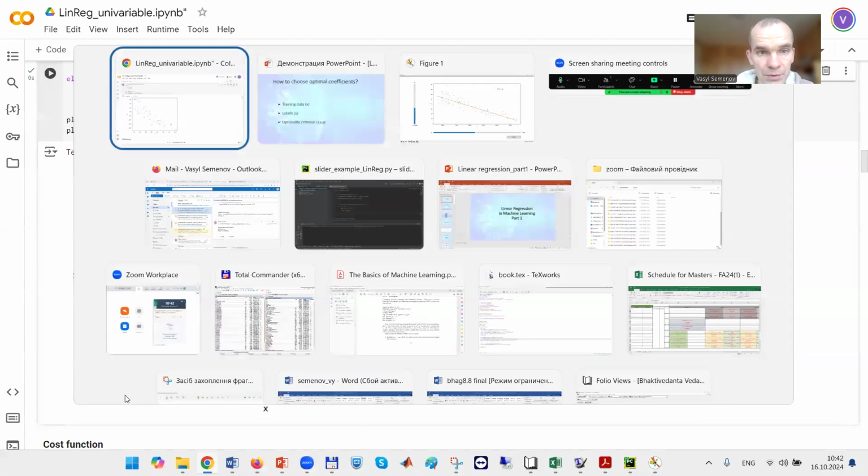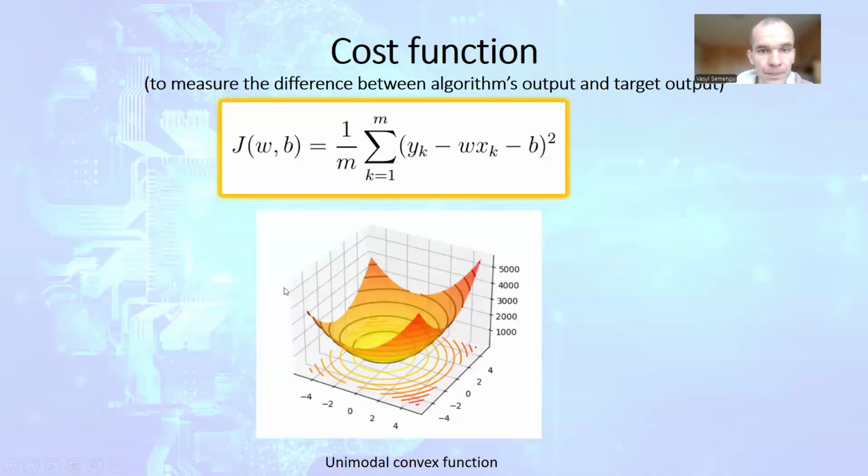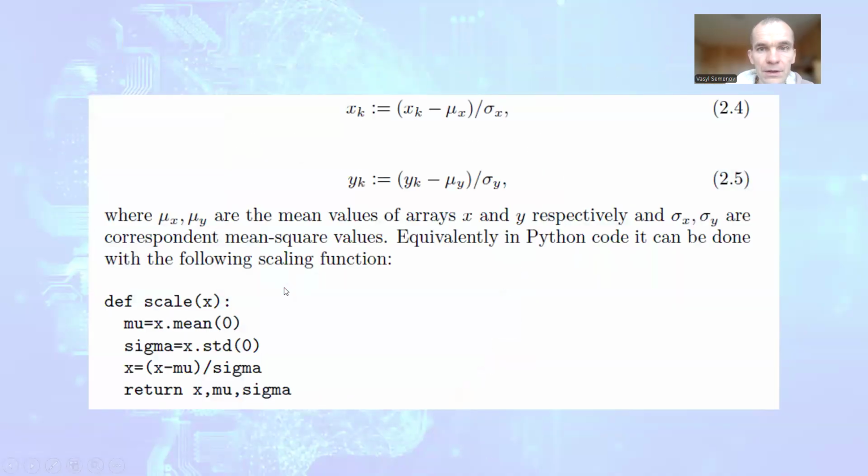So what is the principle of this scaling? The principle is to subtract the mean value from our features X, and also the mean value from labels Y, and then divide them by the standard deviation sigma.